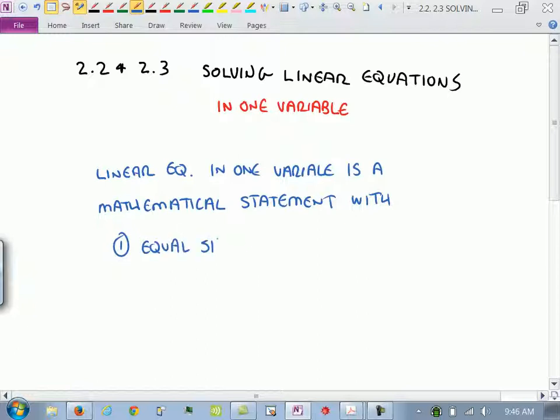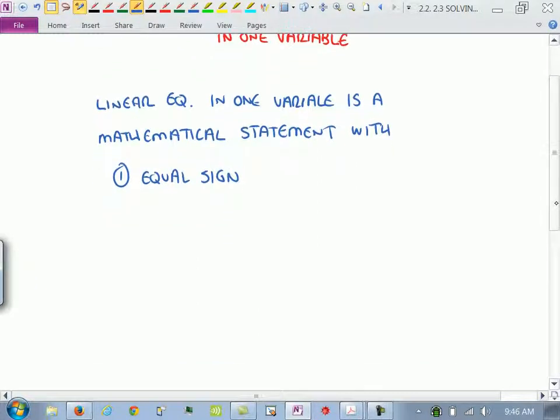You have to have an equal sign. Later on, we will replace an equal sign with something called an inequality. It won't be the same thing. So we have to have an equal sign in order to be talking about a linear equation in 1 variable. We must have, of course, 1 variable.